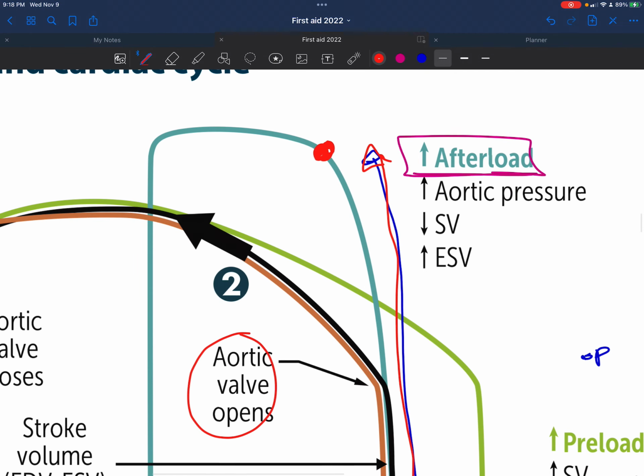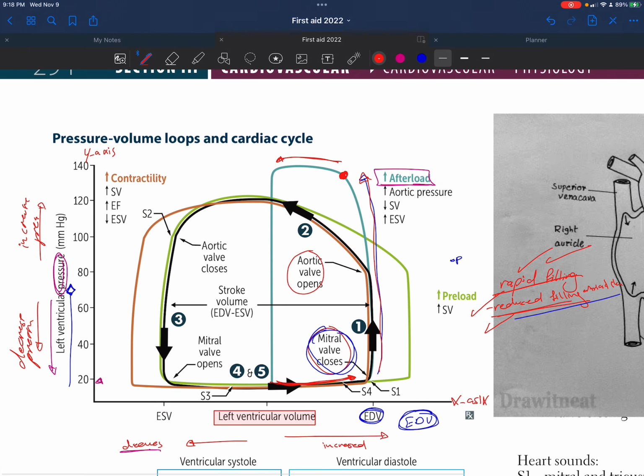So this is the ejection phase, and it's quite obvious that it is much less in time than the normal regular black circle. Instead of closing the aortic valve here, now the aortic valve closes really fast.